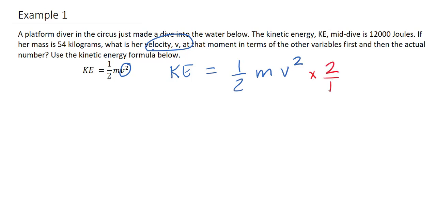We can write 2 over 1 because we want this to become just 1. And then we can multiply, which we can put 2 over 1 or just 2. So now let's rewrite this. We have 2 KE equals mv squared.